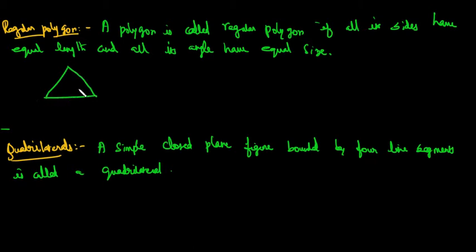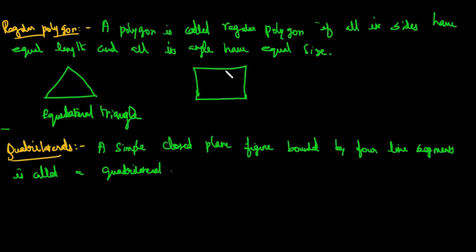Since all the sides are equal, all the angles will be equal. So you can say that this triangle is a regular polygon.